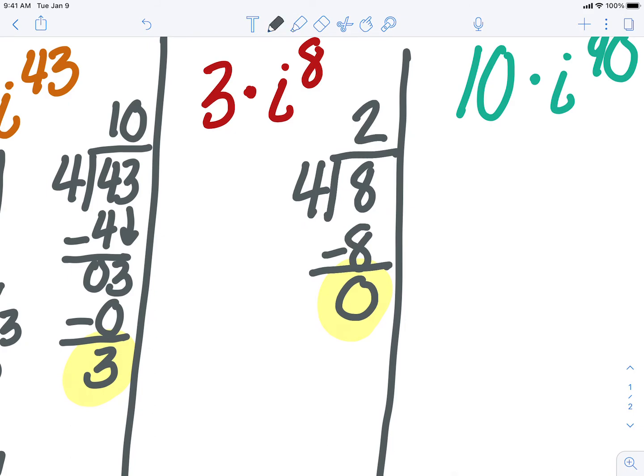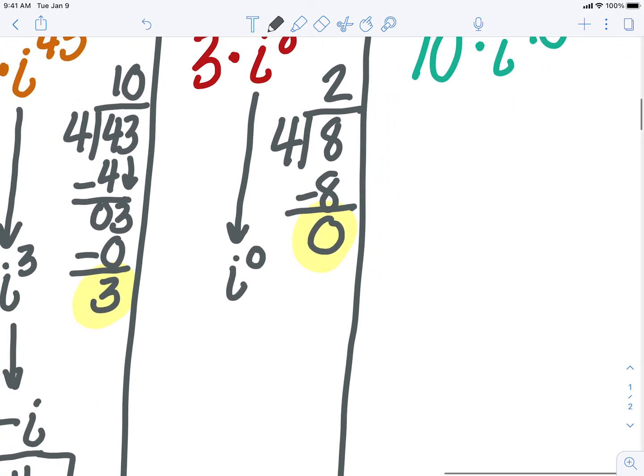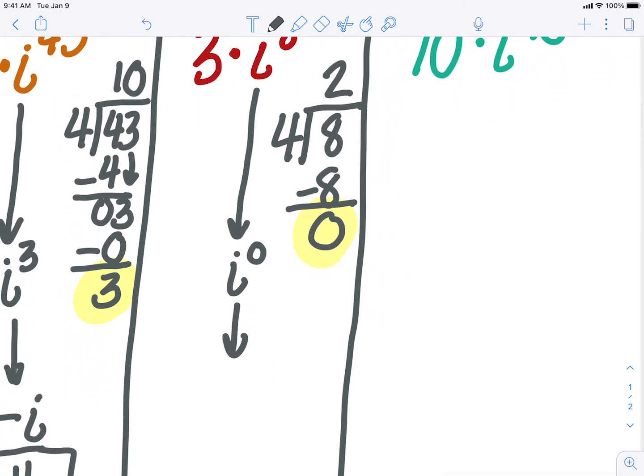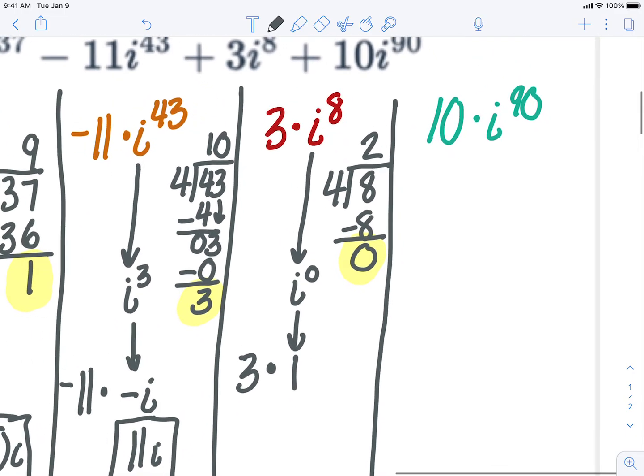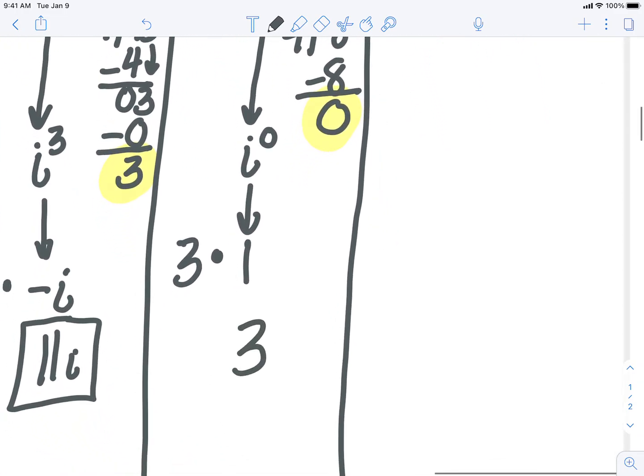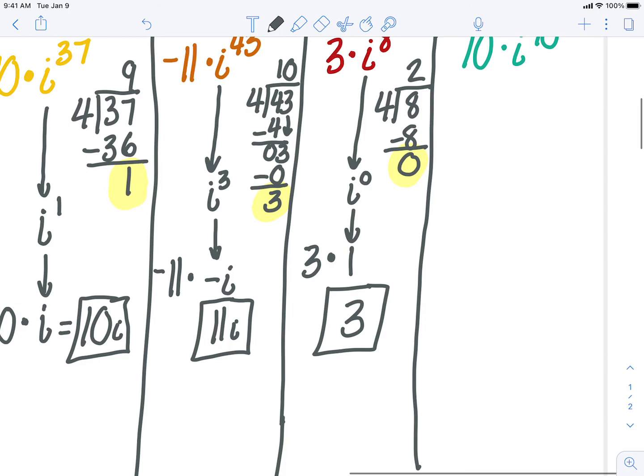That is my new i. So i to the 0. I know that i to the 0, or anything to the 0, is just 1. And I bring down my 3 times. 3 times 1 is just 3. Look at that. I have my third part done.